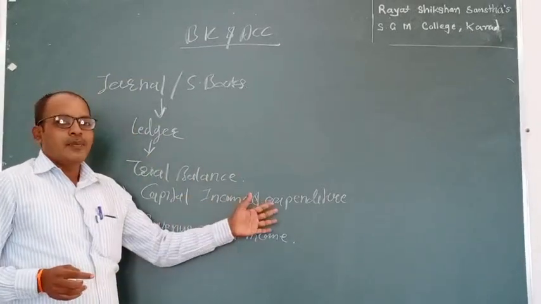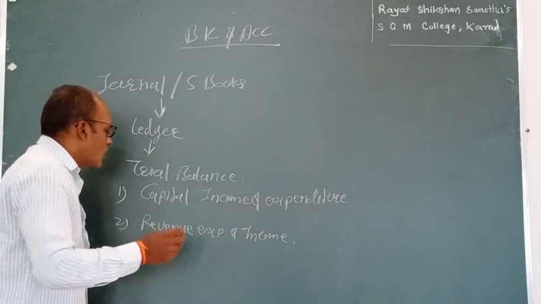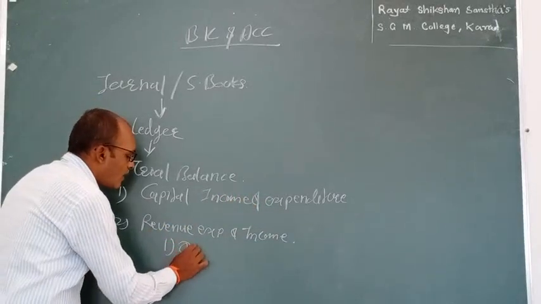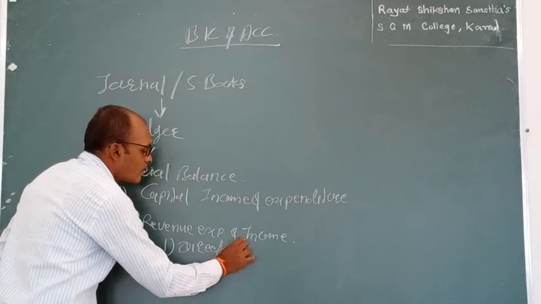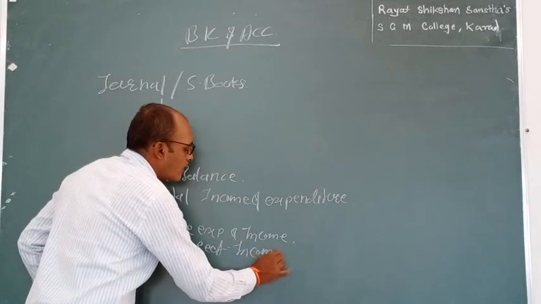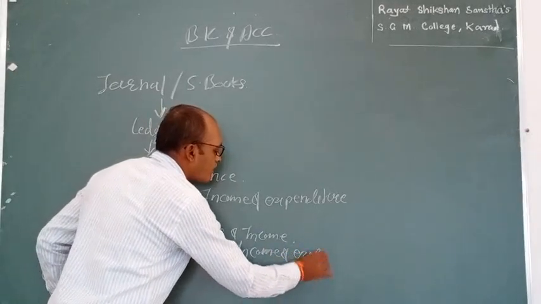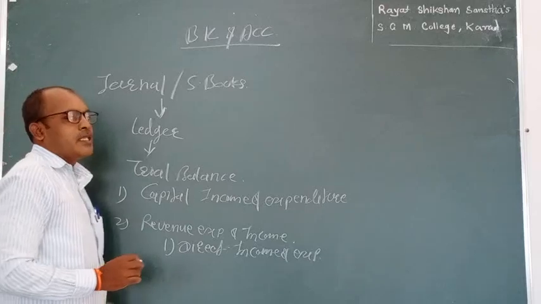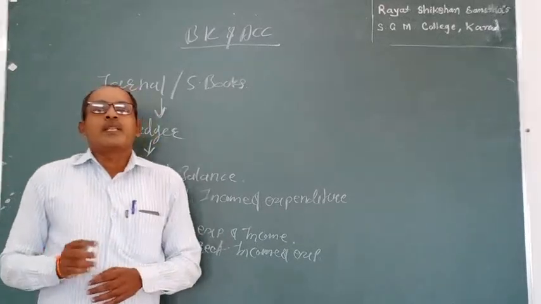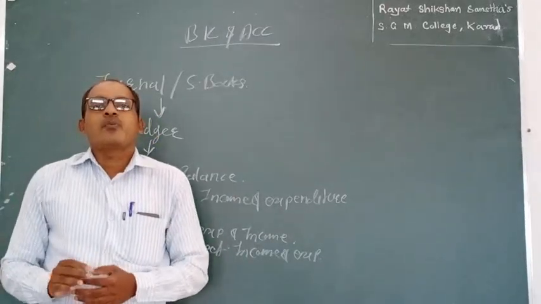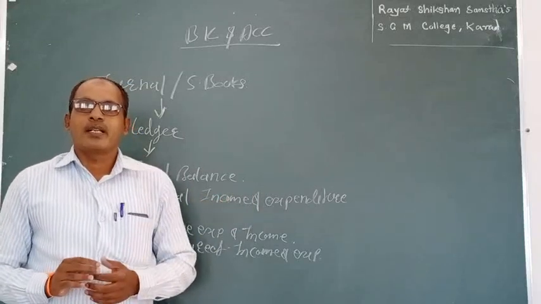In revenue expenditure, there are two types. First, direct income and expenditure. Direct income and expenditure means expenditure related to production, related to the factory.